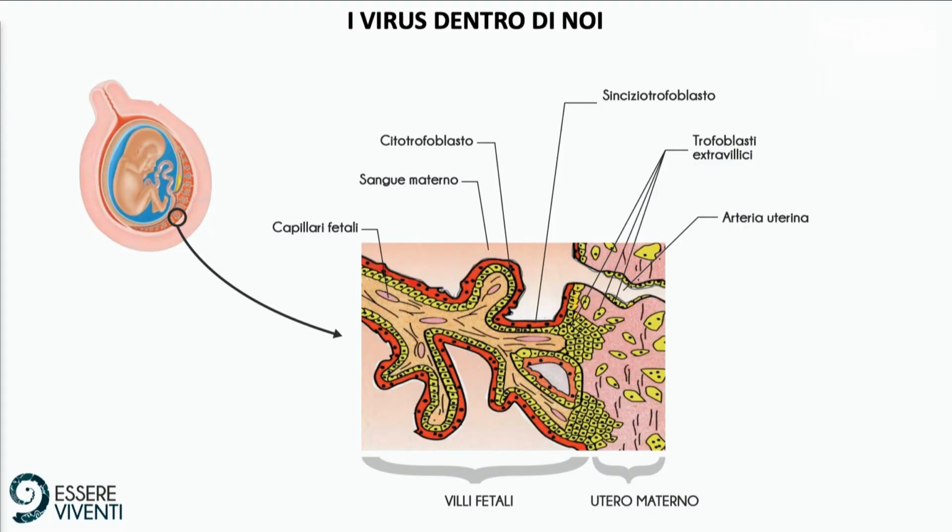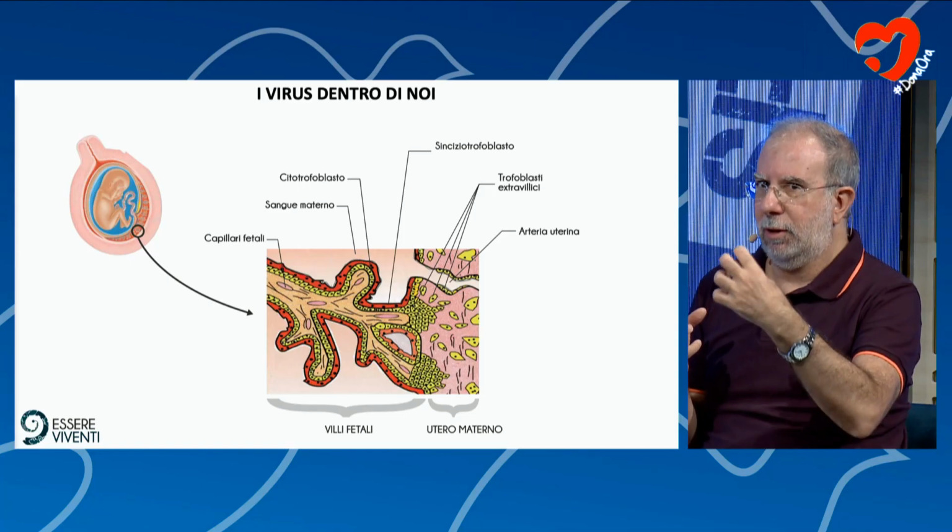Here you can see the fetus, and you can see that there is a very specific structure, that is to say, the syncytiotrophoblast, that creates cells that interact, that make it possible to pass nutrients from the mother to the fetus. So this fusion of different cells is due to a viral protein of the envelope.